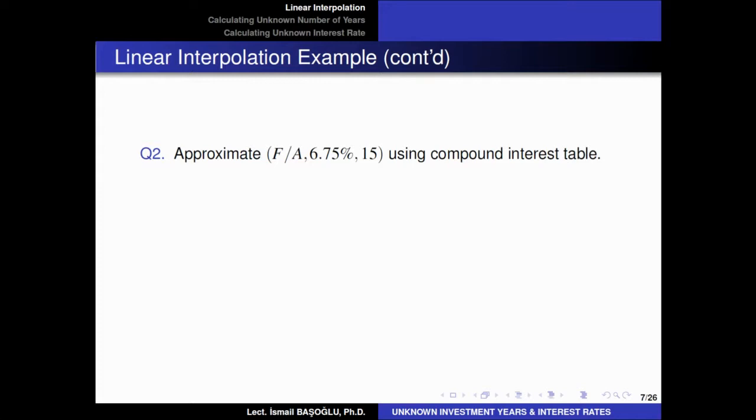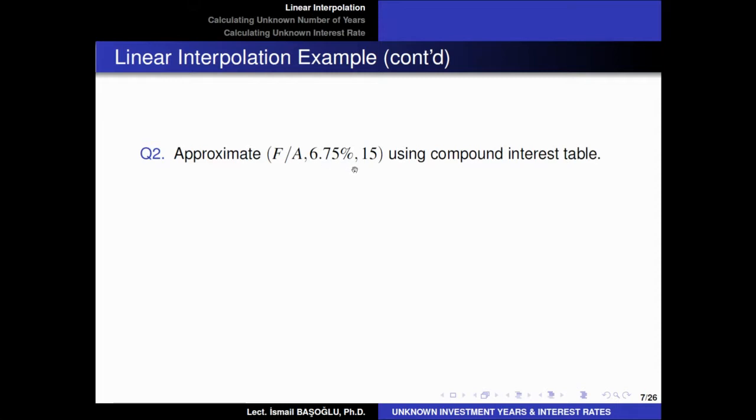Now we are going to apply another linear interpolation. It says approximate the uniform series compound amount factor for 6.75% interest rate and for 15 years. Now we know that for 15 years of investment, we have available values in the table. However, we do not have any page for 6.75%.